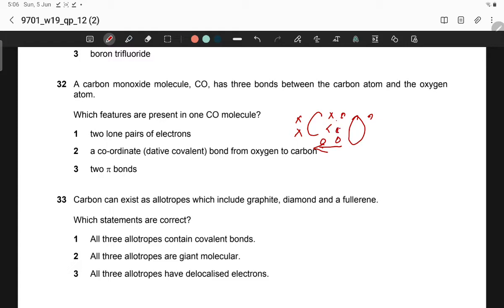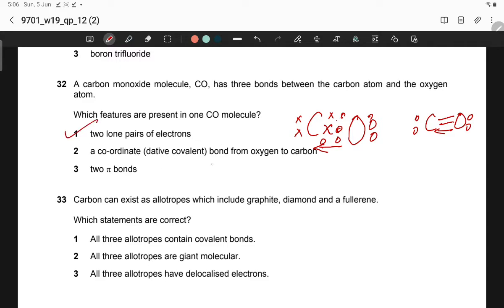So this is the structure of carbon monoxide. 1 lone pair with oxygen, so this is oxygen and this is 2 lone pairs of electrons. This is correct.